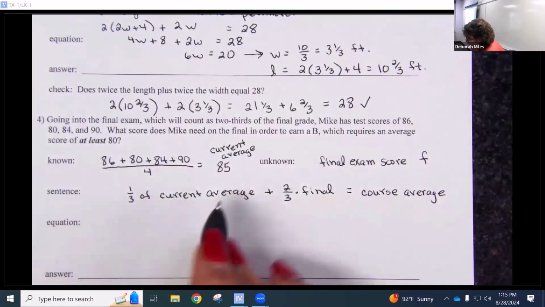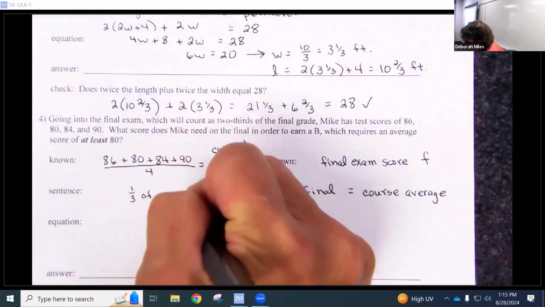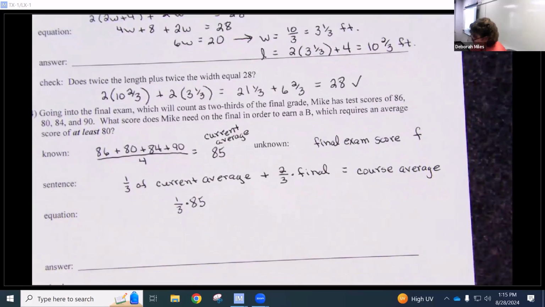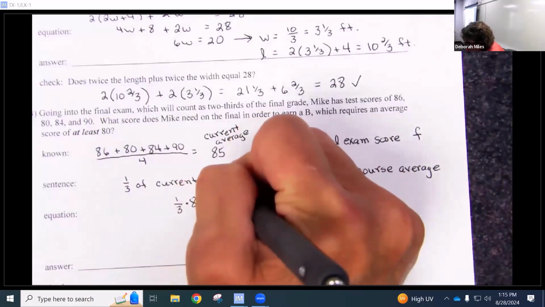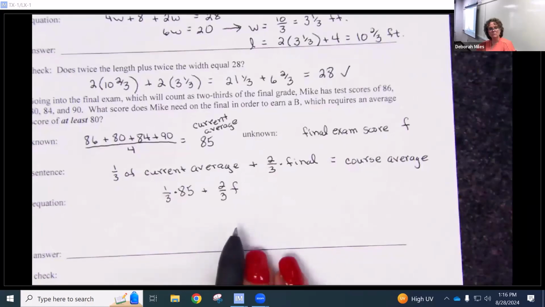His current average is 85. So 1/3 times 85 plus 2/3 of whatever he makes on the final.